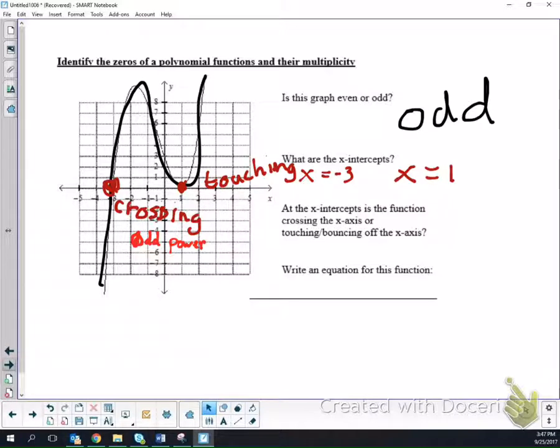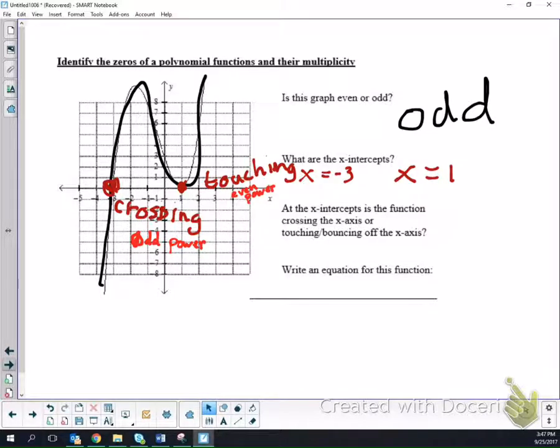By virtue of it touching, it's going to be an even power. Now, let's try and see what I mean by that. We're going to get more into it. We could also replace that power by saying multiplicity. And we'll see what I mean by multiplicity in just a moment.